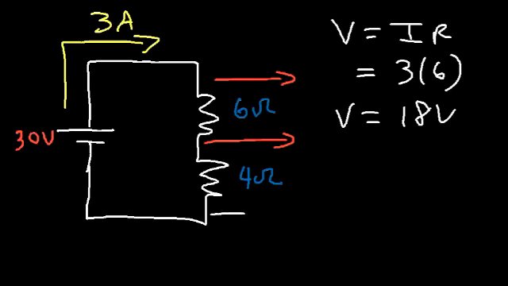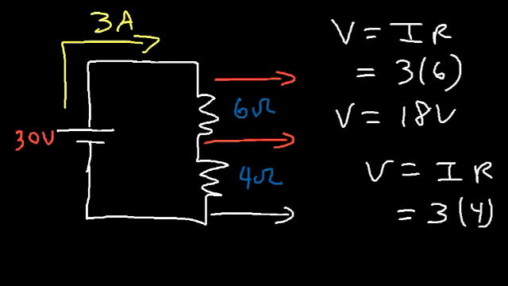Now what about the 4 ohm resistor? Using the same equation, we have a current of 3 amps flowing through a 4 ohm resistor, so the voltage drop is 12. So we have 18 volts across the 6 ohm resistor and 12 volts across the 4 ohm resistor.